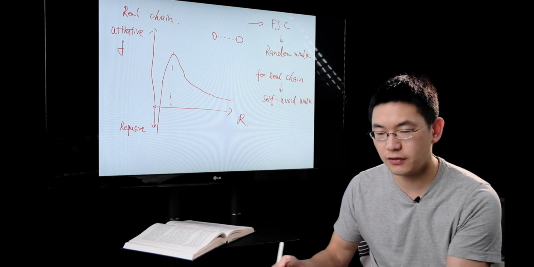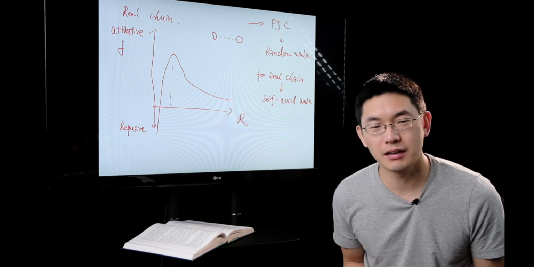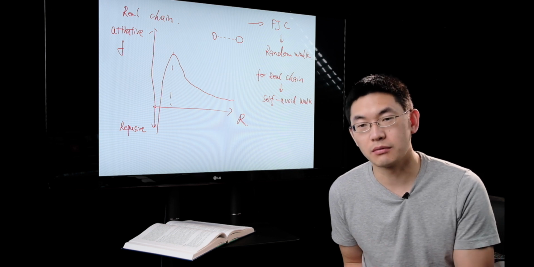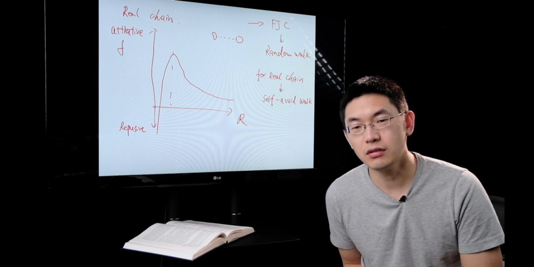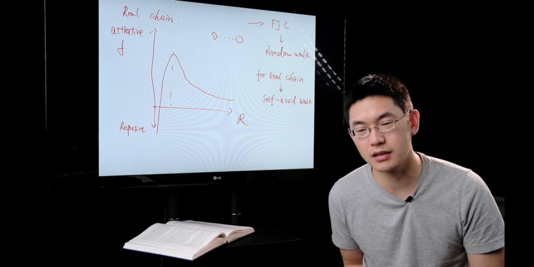So what does self-avoiding walk mean in layman's language? It basically says you can walk around like what we discussed before. You throw a dice, then you have the polymer move left and right, up and down.